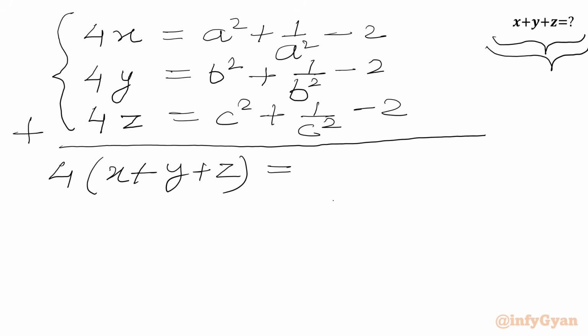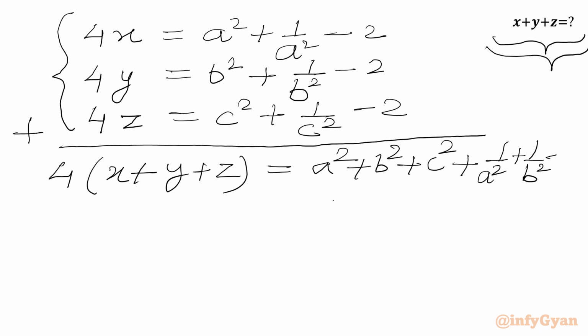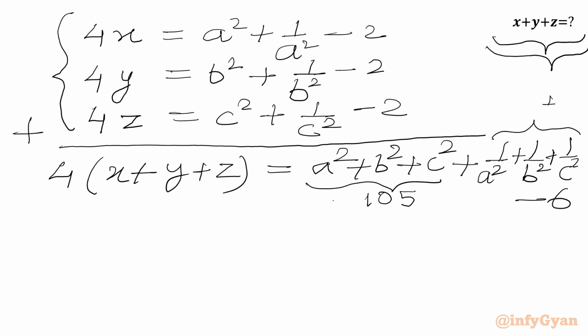And in RHS, we will write a square plus b square plus c square plus 1 over a square plus 1 over b square plus 1 over c square minus 2 minus 2 minus 2, minus 6. Now we have a square plus b square plus c square value, which will be equal to, I can write here 105. 1 over a square plus 1 over b square plus 1 over c square, this is half.